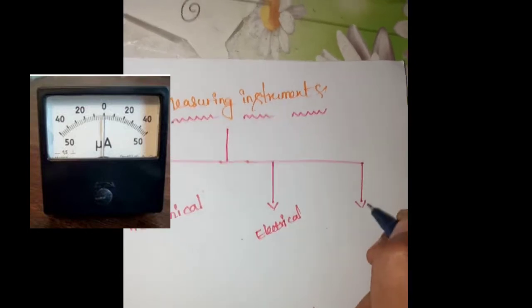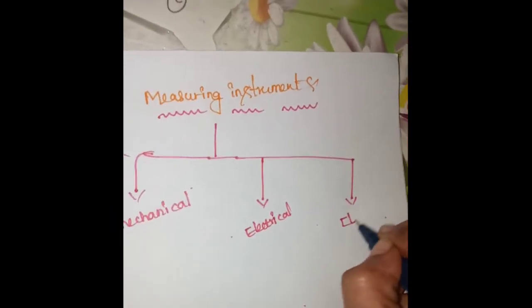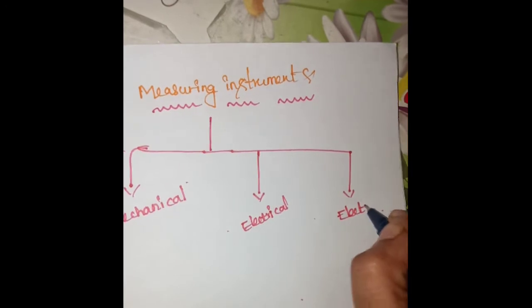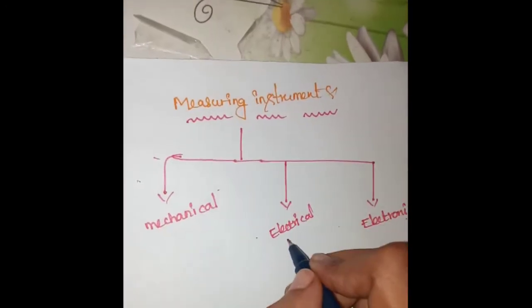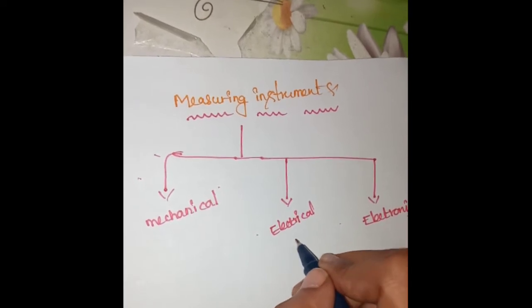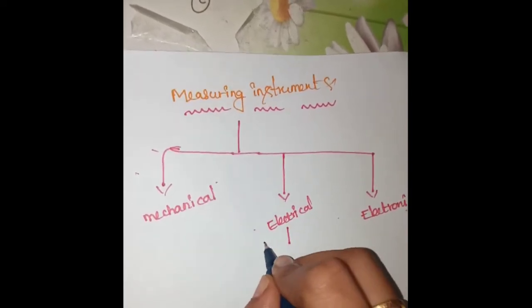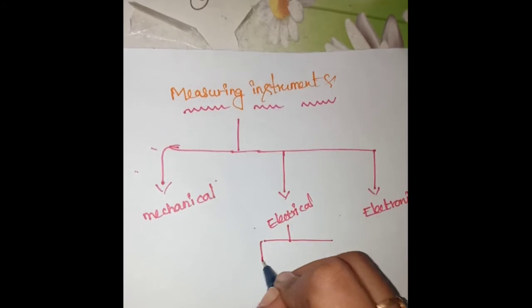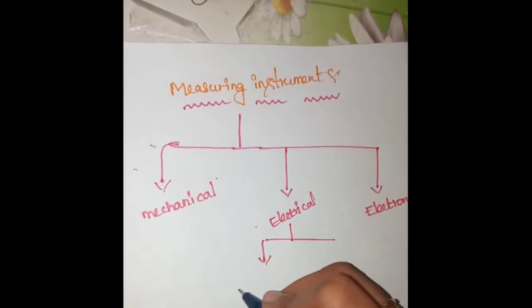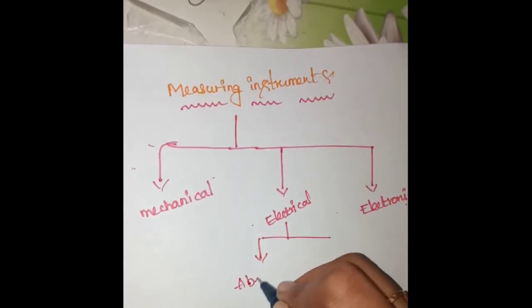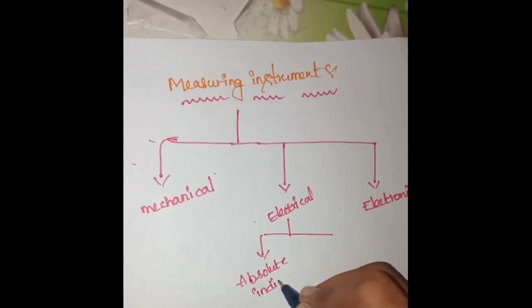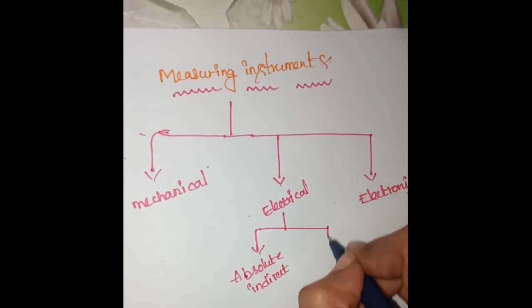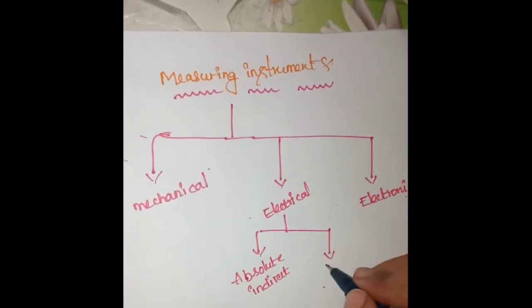Third one, electronic instruments. These electrical instruments are again classified into two categories, namely absolute indirect and secondary direct.